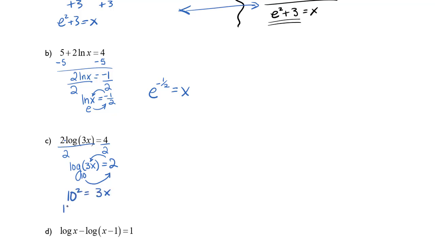Well, 10 raised to the second equals 100, and 3x can be divided by 3 to isolate the x, and we get x is equal to 100 divided by 3, and that doesn't reduce. So that's an exact number. I know it's an improper fraction. If you wanted to divide it, it'd be 33.3333 repeating, and that's not necessary.